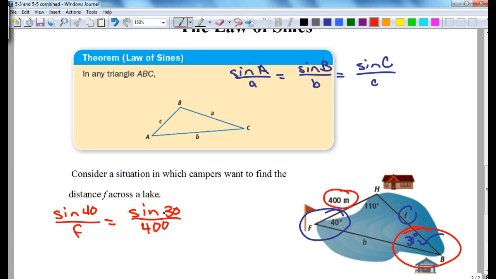Yep. Okay? So you're always picking the side across from the angle, opposite of the angle. So now you can cross multiply and divide on this one, okay?